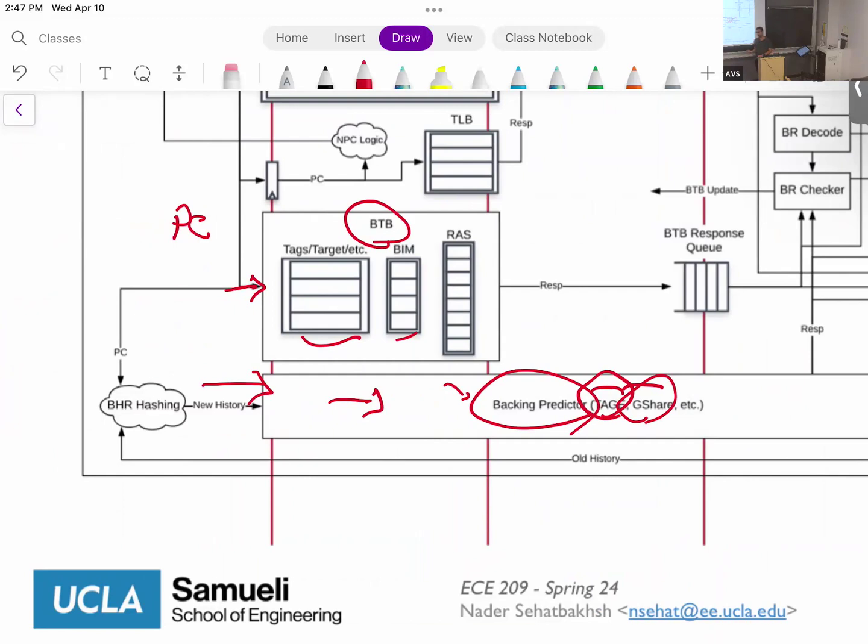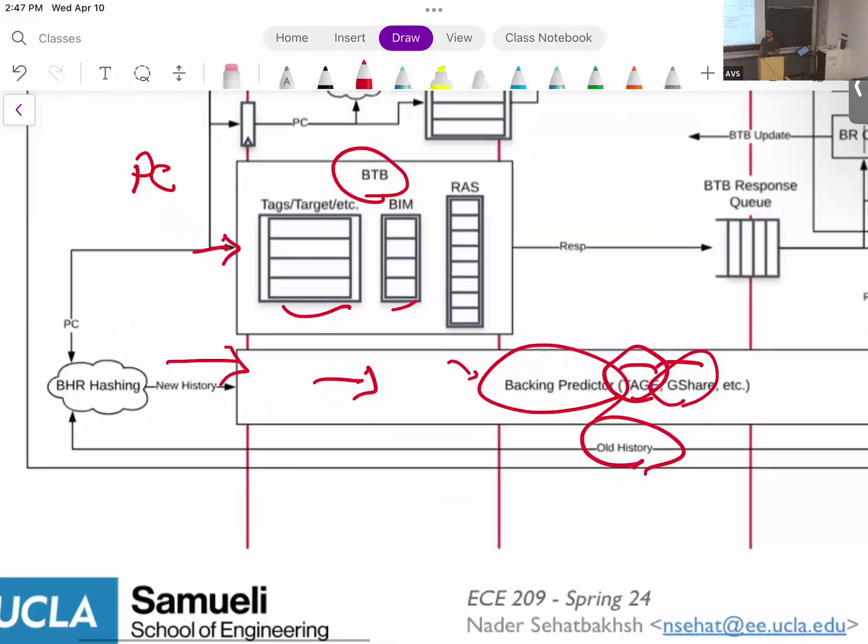The whole point of branch prediction is that we expect the branch to follow some spatial or temporal history, right? What has been done before is most likely going to happen again. As a result, we're predicting the behavior of the branch. That's why we're feeding the history, which is the sequence of outcomes of the previous branches, back into our branch predictor in order to detect that.